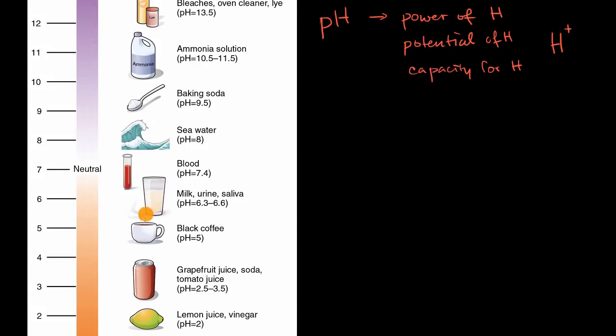And so the pH scale, you're going to see it go from 0 all the way to 14, with, of course, 7 in the middle. And something that is towards the left, something that is less than 7, is considered acidic.